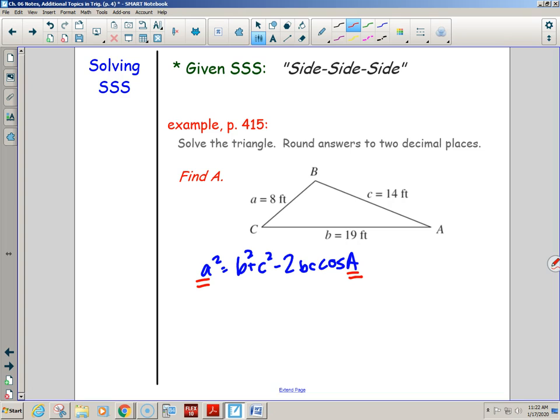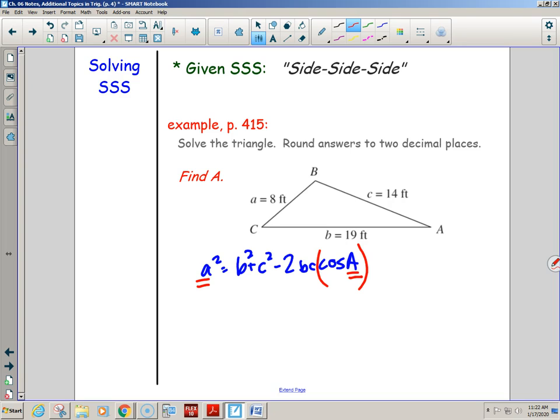Now, what's the struggle with where the A is? It's stuck. Look at all this stuff that has to happen before I get to it. Now, here's the crazy thing: I could plug in numbers for all of these. And in last night's homework, didn't it have you sometimes solving for a variable in the law of sines formula?